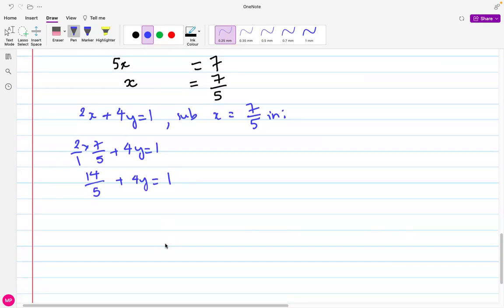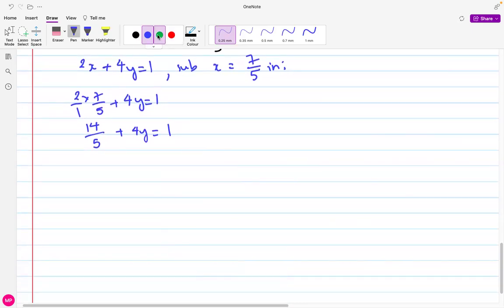Now, up to this step, if you didn't want to deal with fractions a lot, what you can do is get rid of the fraction, since this is over 5. Can you see that? So I'm going to times by 5, times by 5, and times by 5. If you times by 5 for every single term, you actually have no more fractions. So when you times by 5 here, the 5 and the 5 cancel out.